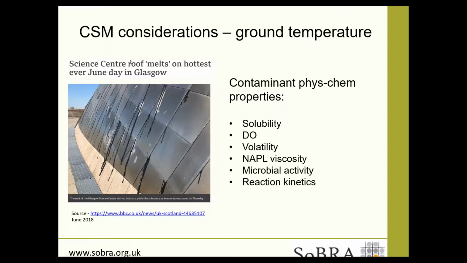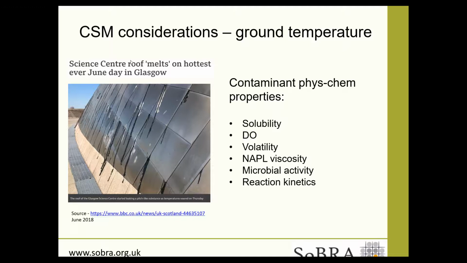So one of the consequences of global warming is that average air temperatures will increase, and that might also increase the temperature of the ground and shallow groundwater and surface water temperatures. So this may have an effect on contaminant physical chemical properties, such as solubility, dissolved oxygen, the volatility of contaminants, viscosity of NAPLs, microbial activity, and reaction kinetics.